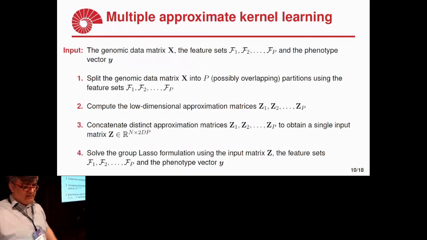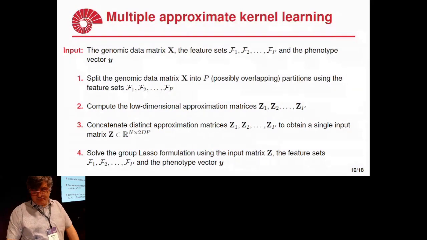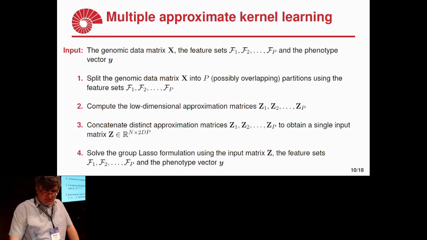If we look at the algorithm in a more structured way, the input is the genomic data matrix X, the feature sets F1, F2, up to Fp. These might be pathways or gene sets, and the phenotype measurements, which is vector Y. In the first step, we split the genomic data matrix X into P, as I mentioned earlier, possibly overlapping partitions.